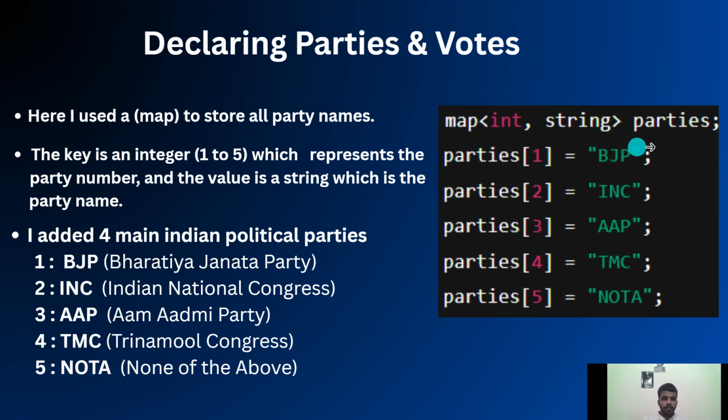The map name is parties. As an example, I added four main Indian political parties: BJP, INC, AAP, TMC, and another one is NOTA.